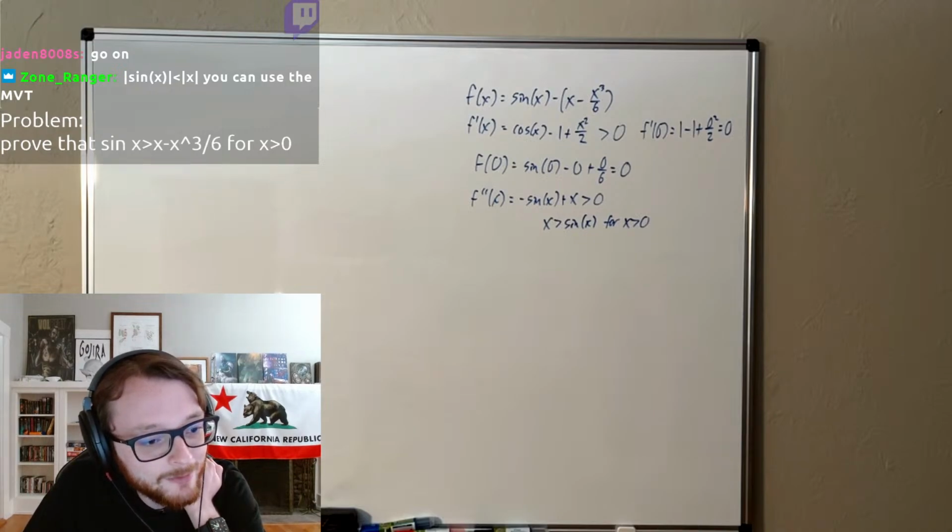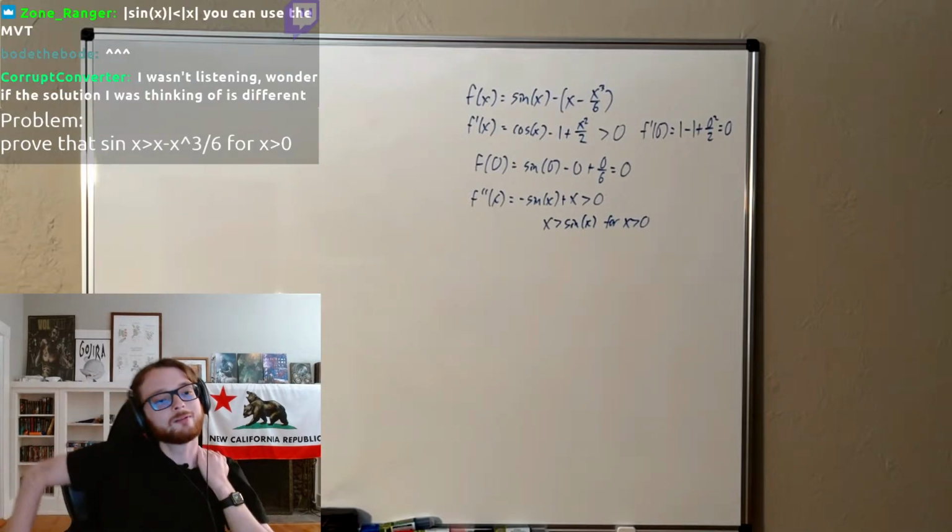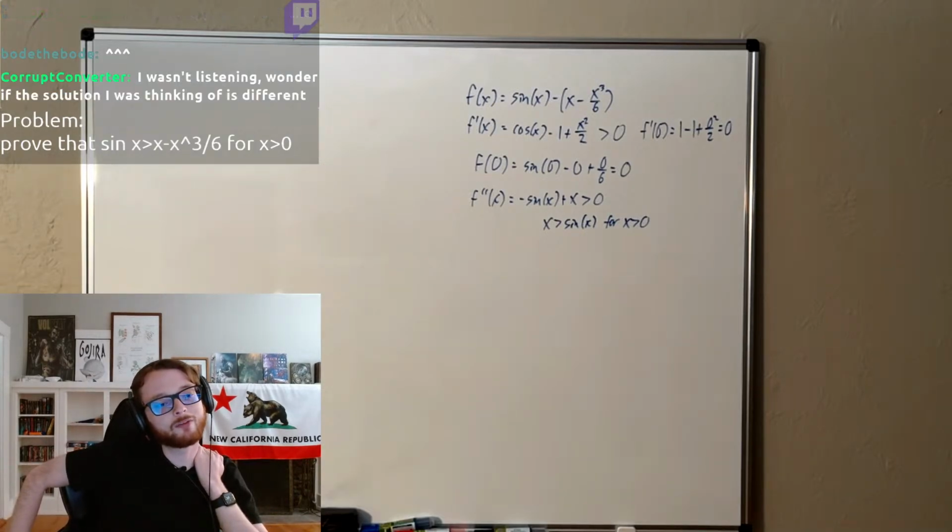Oh wait, using the mean value theorem. The absolute value of sine of x is less than the absolute value of x. You can use the mean value theorem.